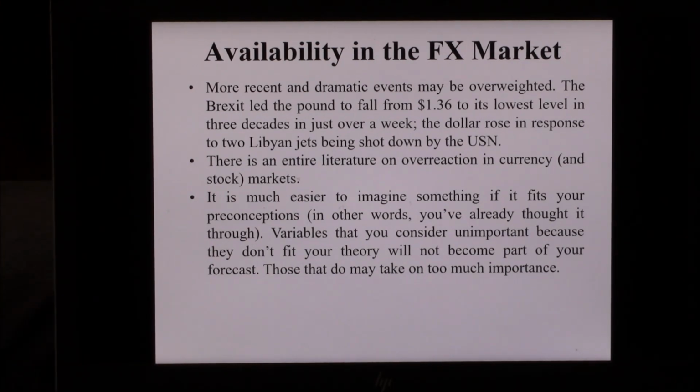And one of the interesting things is that over time in the currency market, different variables have featured as important to currency dealers. And when they were considered important, they had an impact on the market. When the dealers didn't think they were important, they didn't have an impact, even though, honestly, the underlying structure of the economy was no different. But what they paid attention to was different. Therefore, what the currency prices moved to was different.